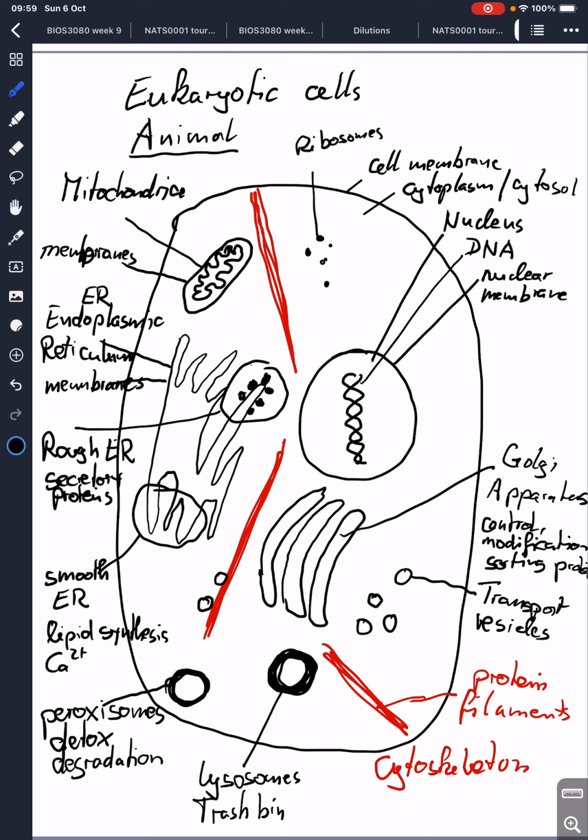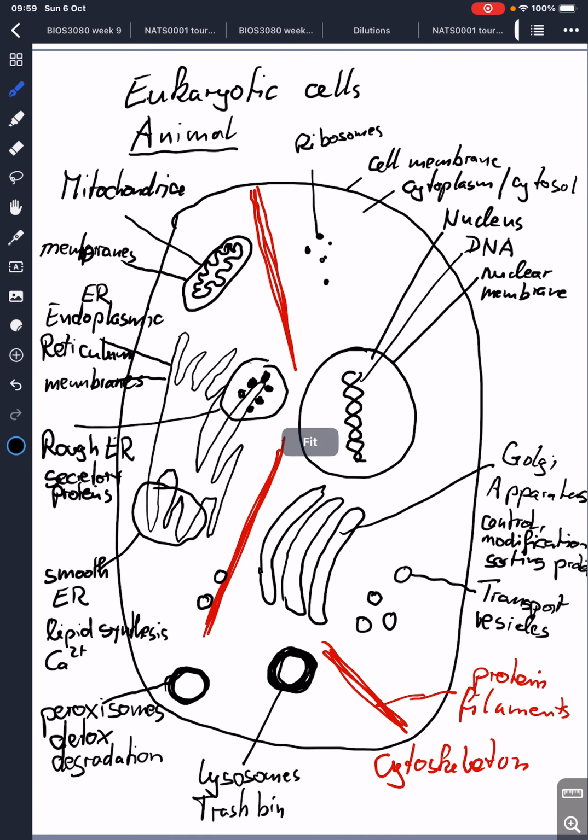And the important thing is that we've got lots of membrane-bound organelles in the cell, and very prominently we've got the nicely formed nucleus here that contains the genetic material. One question is, do all cells actually have a nucleus? All eukaryotic cells?